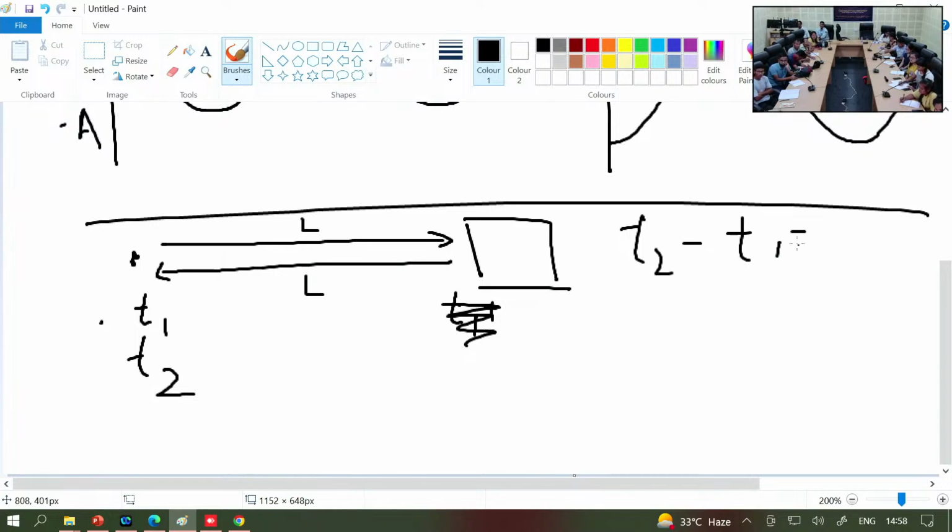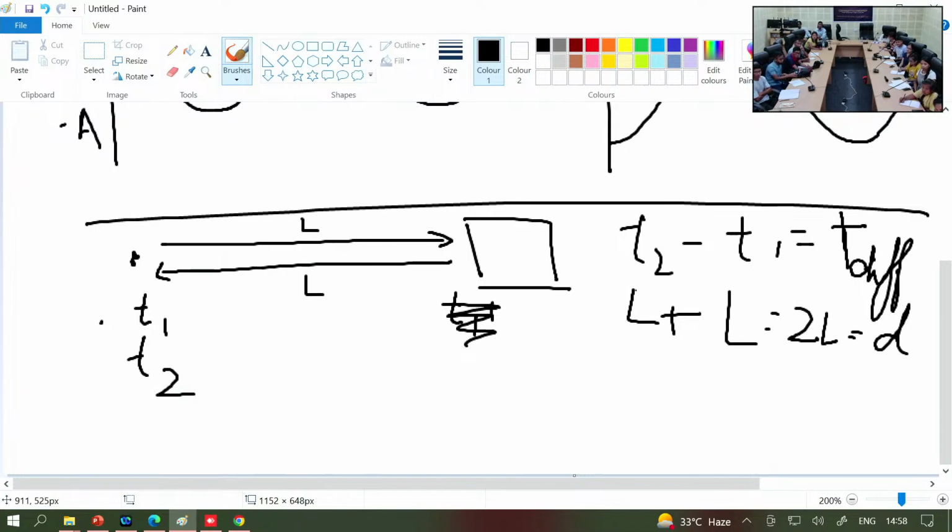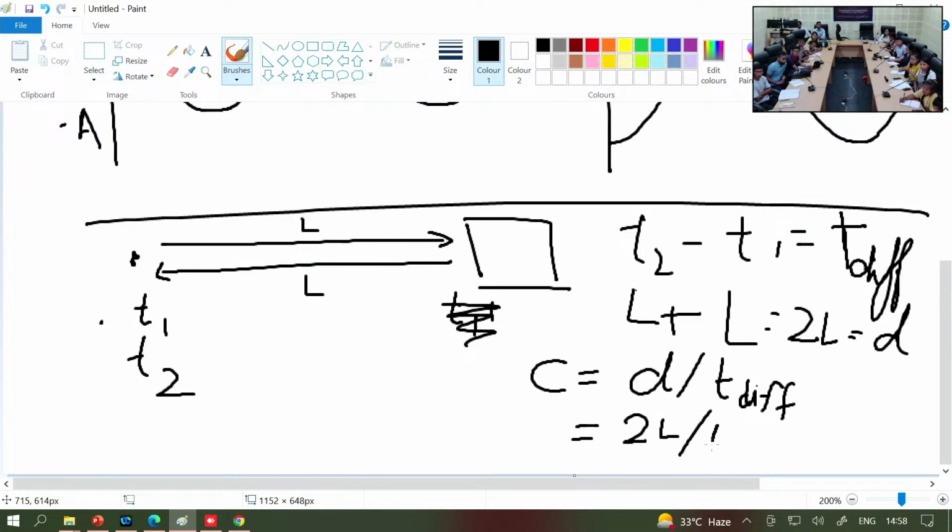The distance travelled is L in this direction, and then L in this direction, which is 2L. So, speed is equal to distance by time difference, which is equal to 2L by (t2 minus t1).